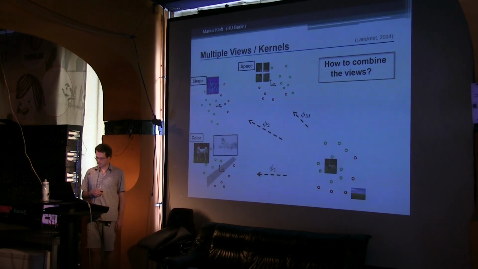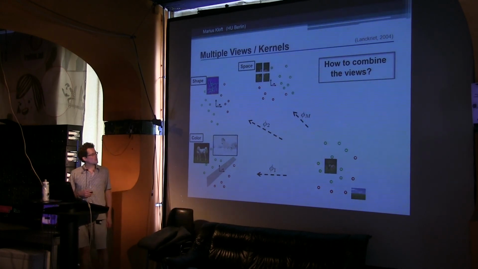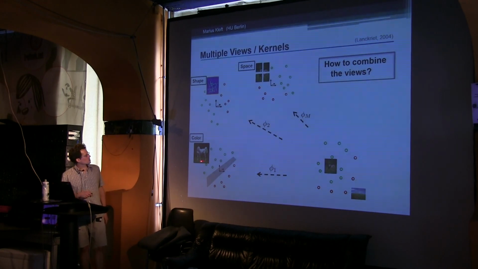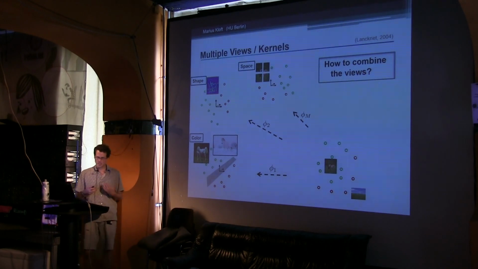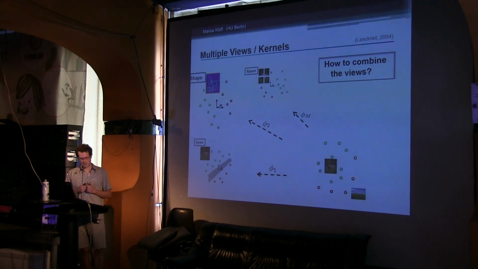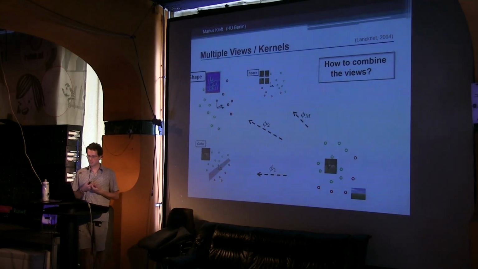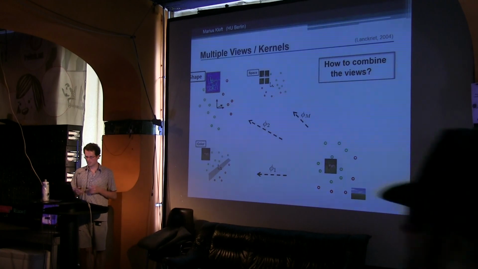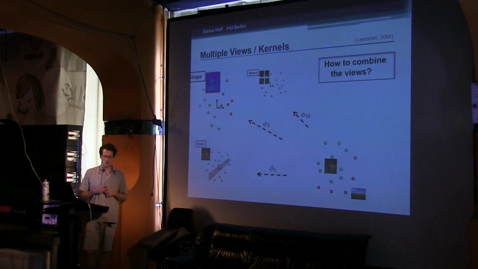And one problem is that color is maybe not always useful. Just focusing on one particular representation is not always enough. So in multiple kernel learning, the approach is to use weightings of these feature spaces, or equivalently of the kernels.